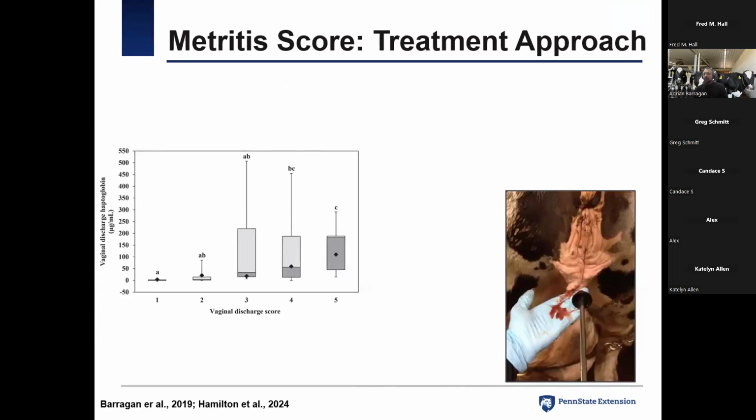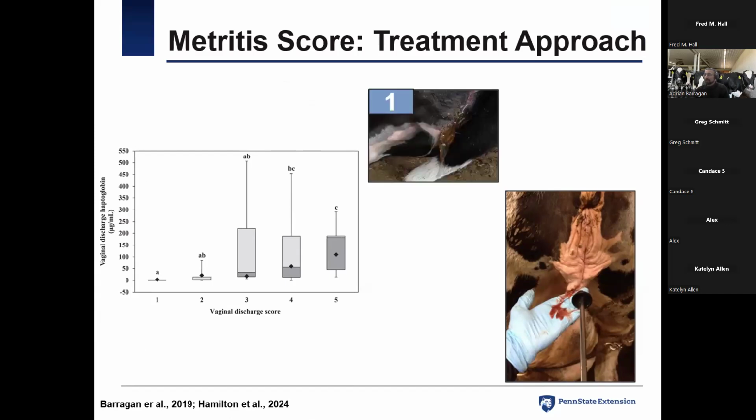So when it comes to the treatment approach, we have done some research on whether we can use the vaginal discharge score to pick which treatment might work better, okay? There's still more research to be done in this area, but we did a couple of comparisons. Just to give you an idea of our definition, because as you know, it varies a lot based on the studies.